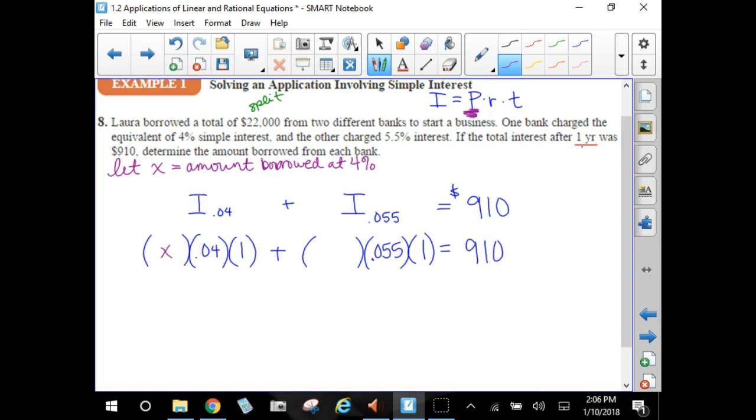That's going to go right in here in the first set of parentheses for amount borrowed, principal, times rate, times time. Now, if she borrowed a total of $22,000 and she borrowed X of it here, then the expression, the total $22,000 less the amount that she borrowed at 4%, is the amount left over for her to borrow at 5.5%.